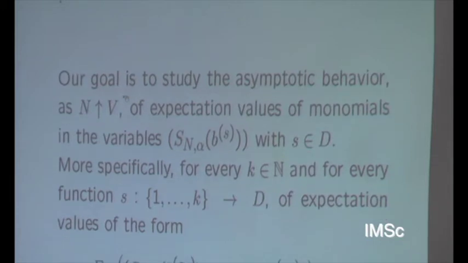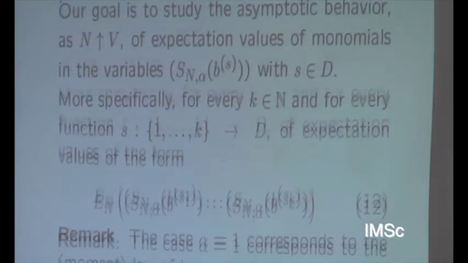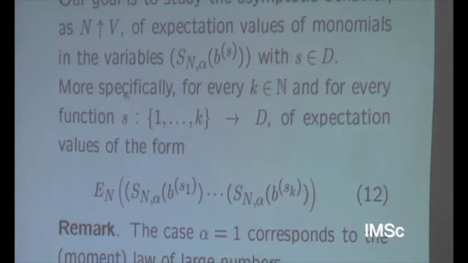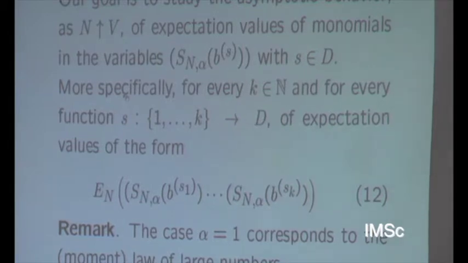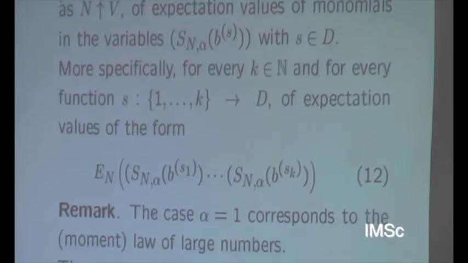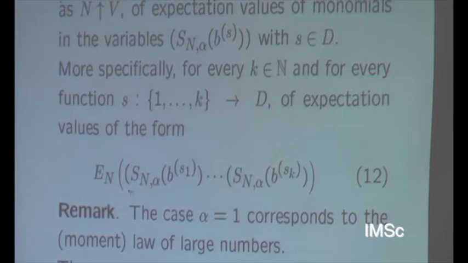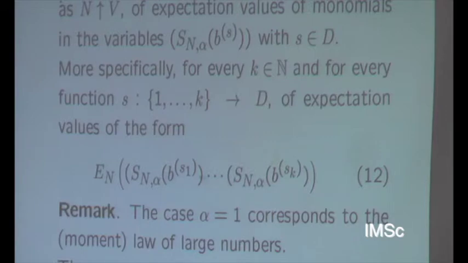So the goal of the asymptotic theorems of classical probability is the one that we want to generalize here. We want to study the asymptotics of the normalized sums for alpha being at the moment a positive integer. We will consider any positive real number at this moment. So we want to study the asymptotic behaviors of expectation values of these sums, of products of these sums.